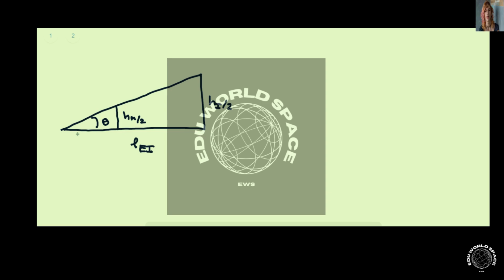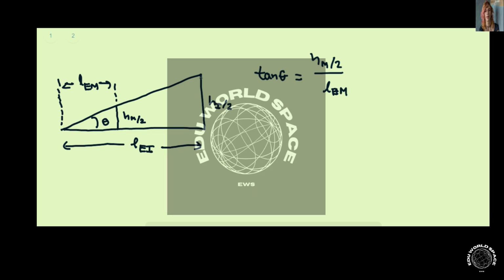So if we look at, let's say, this total length, and this small length is the length from the eye to the mirror. So if we look at the tangent of theta for just a small triangle, it's the opposite over adjacent.